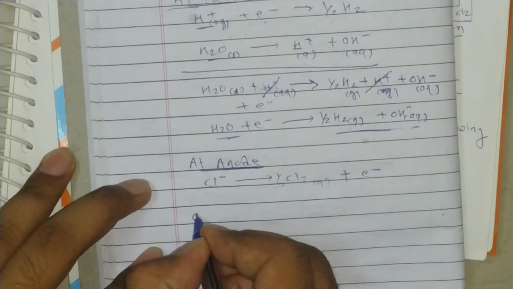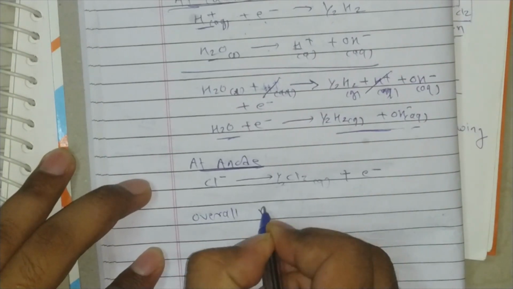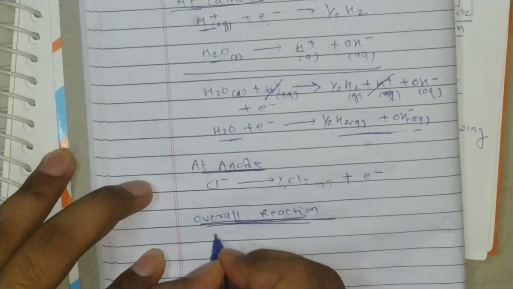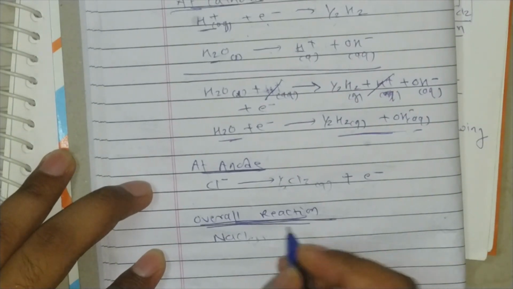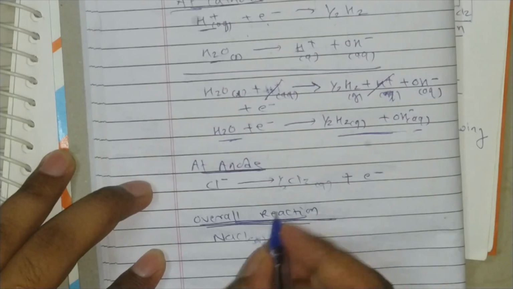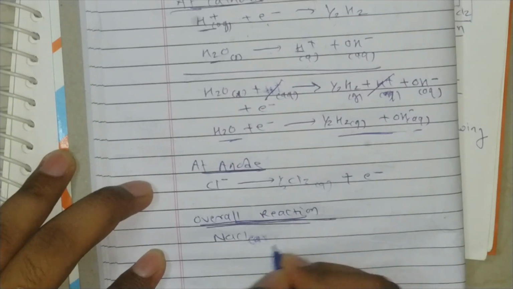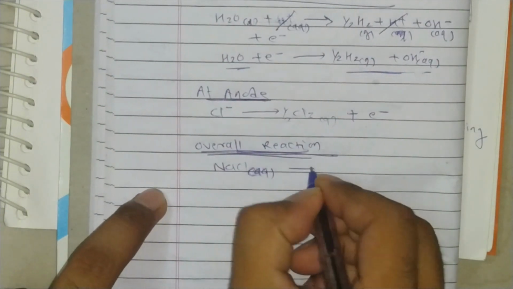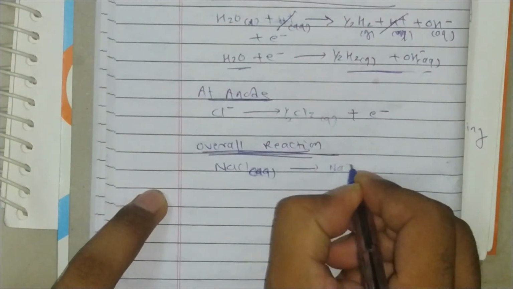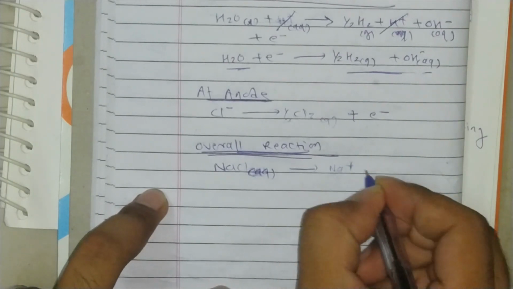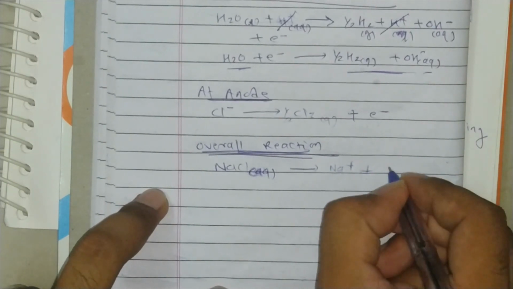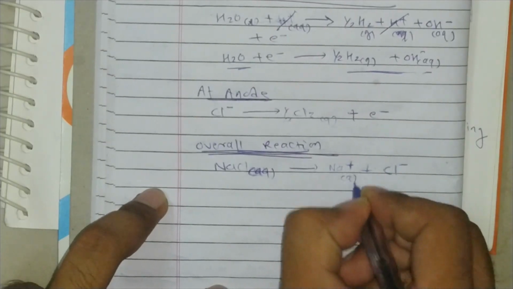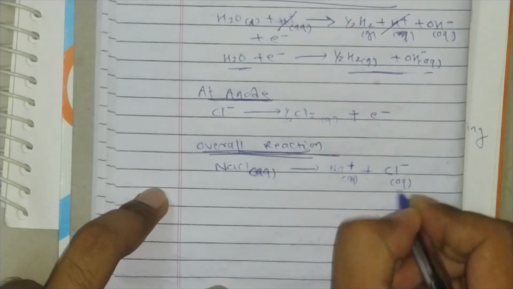So overall reaction becomes, first what we taken, NaCl solid, aqueous, actually NaCl is added into the aqueous medium. This NaCl gives Na plus, Cl minus 2 ions, aqueous and aqueous, right?